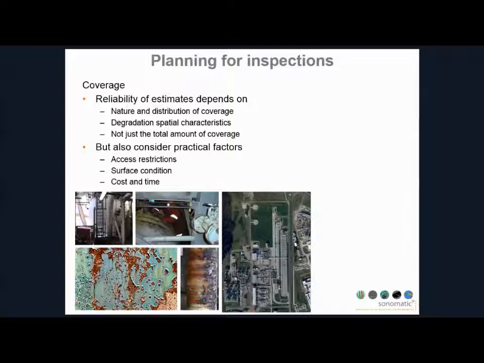An appropriate amount of coverage varies according to the degradation state, and also depends on how you actually spread that coverage. As I say, lots of small regions is better than a small number of large regions in general. But there are also practical factors to consider, like access and surface condition. Surface condition is often an issue when you've got aging assets, as shown in some of the pictures on the bottom left.